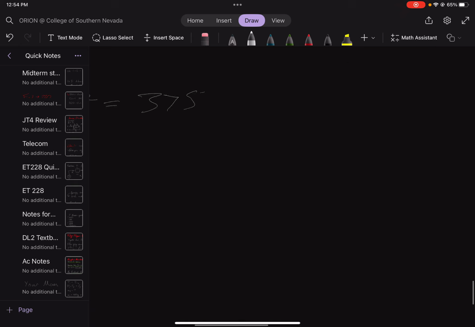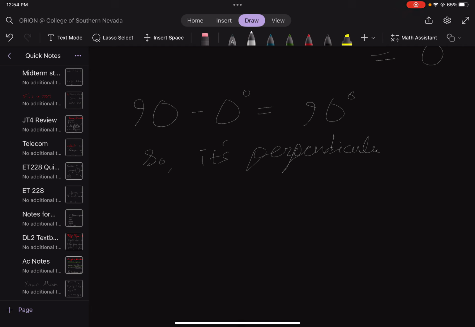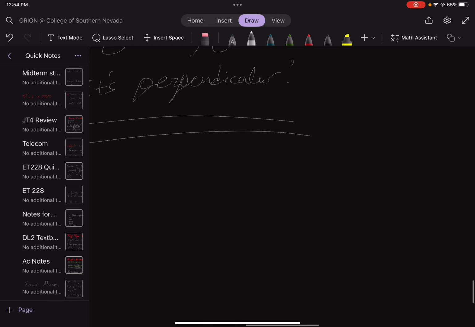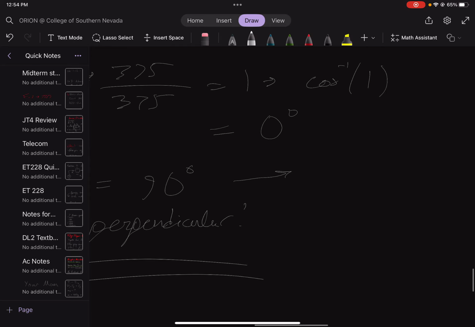So now, when we find the complement, 90 minus 0 equals 90 degrees. So it's perpendicular to this vector. It is at a 90-degree angle to the sun.